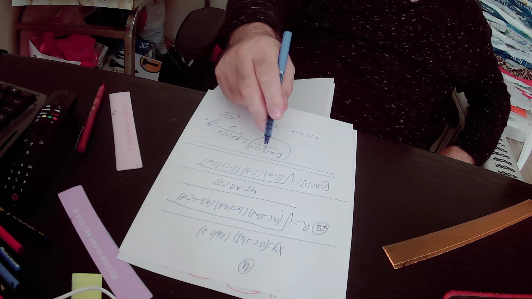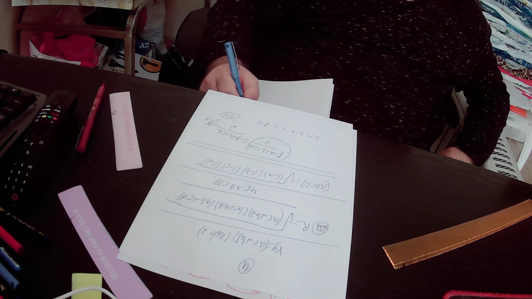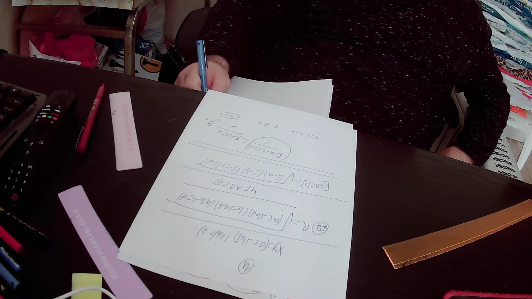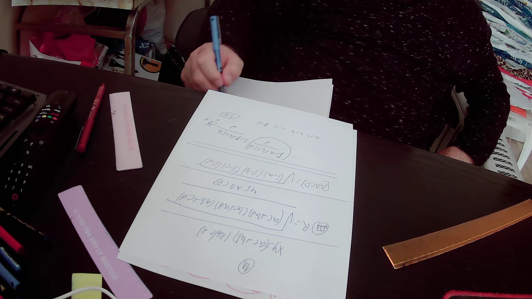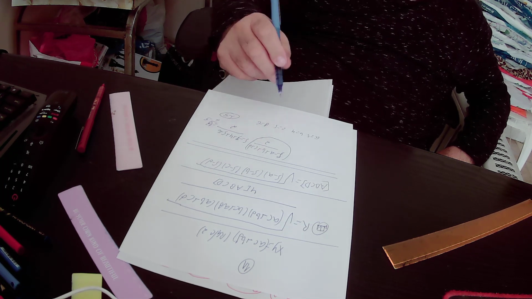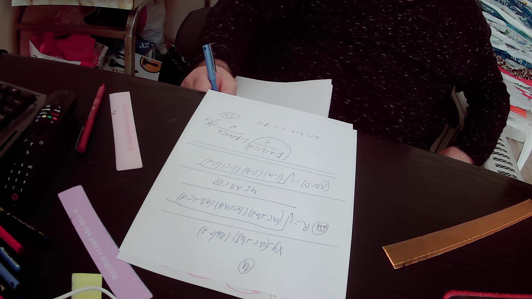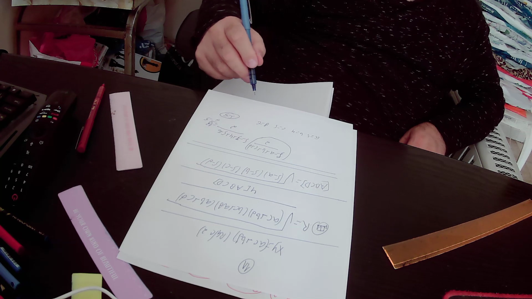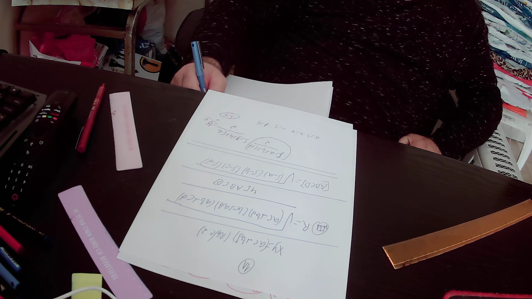S minus B, S is 9, B is 4, so it is 9 minus 4. S minus C, S is 9, C is 5, so it is 9 minus 5. And we also have S minus D, S is 9, D is 6, so it is 9 minus 6.